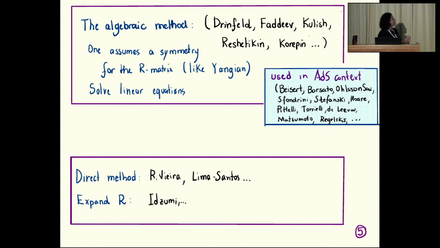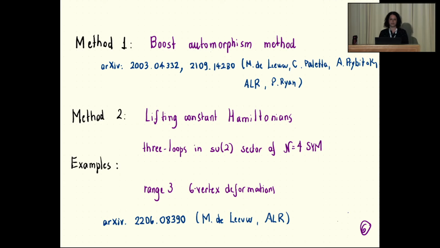These are all very nice, with very good advantages and a few disadvantages. Today I will present two different ones, which also have some advantages and disadvantages in comparison, and I'll try to argue why they are interesting and useful.